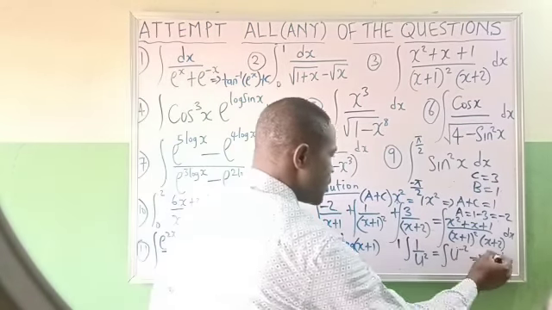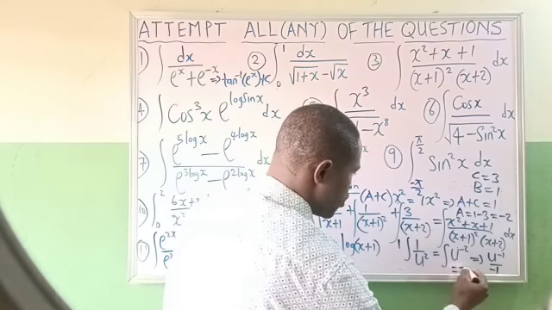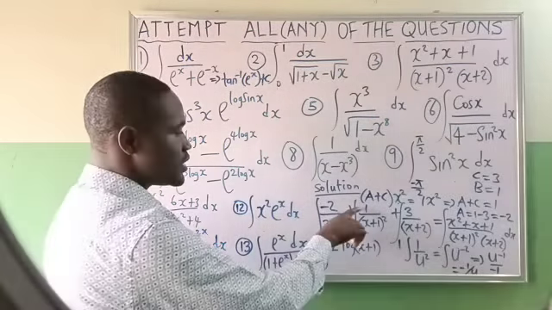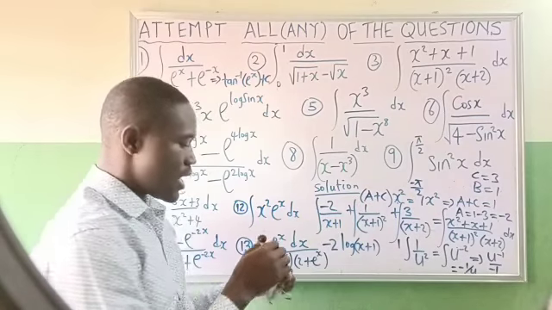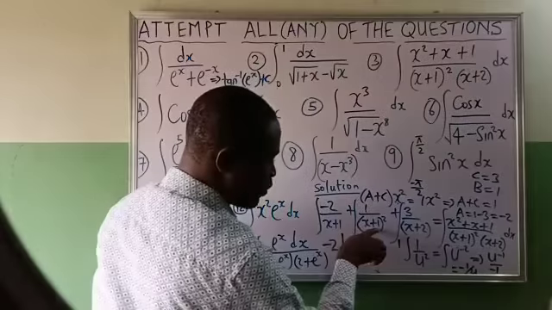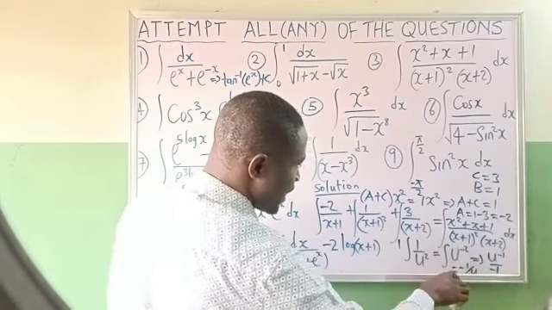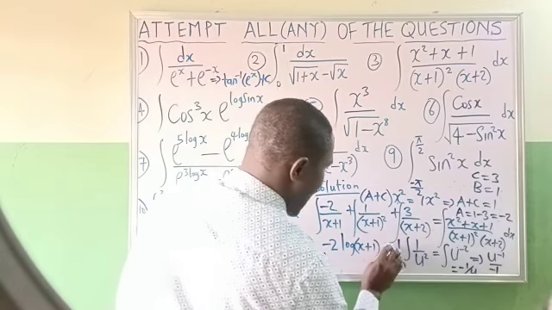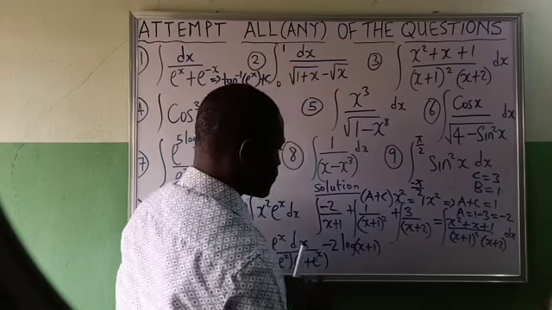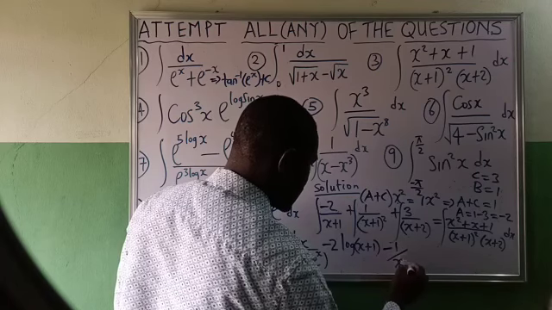Then my answer will be minus 1 over u. So if I integrate 1 over x plus 1 squared, I'll be having minus 1 over u. And my u is x plus 1. So it will be minus 1 over x plus 1. I will clean this and write minus 1 over x plus 1.